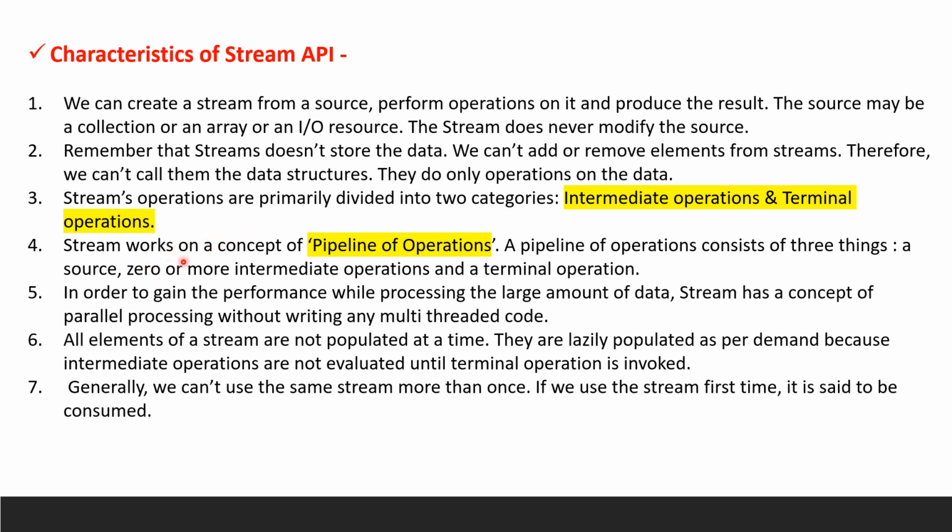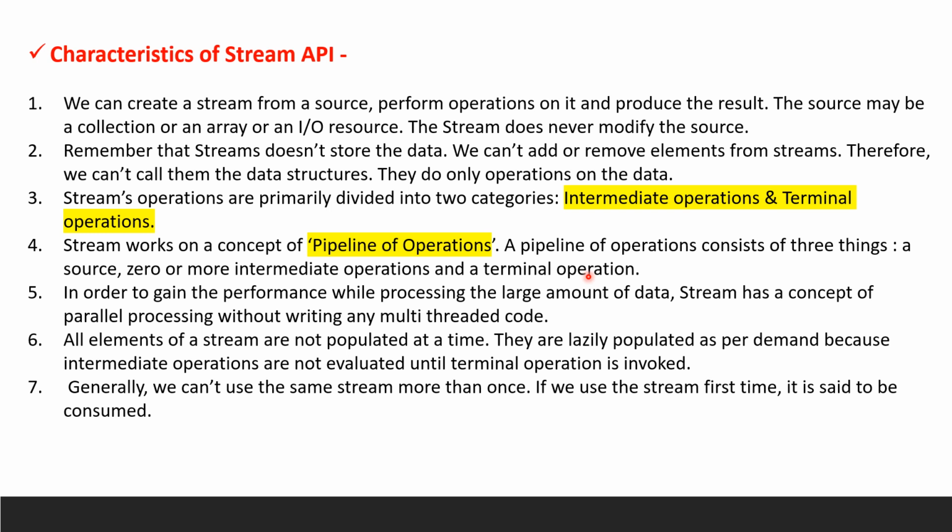Stream works on the concept of a pipeline of operations. A pipeline of operations consists of three things: a source, zero or more intermediate operations, and a terminal operation.